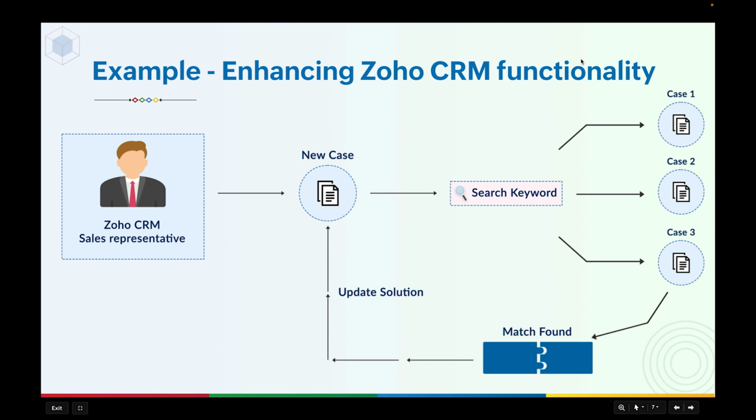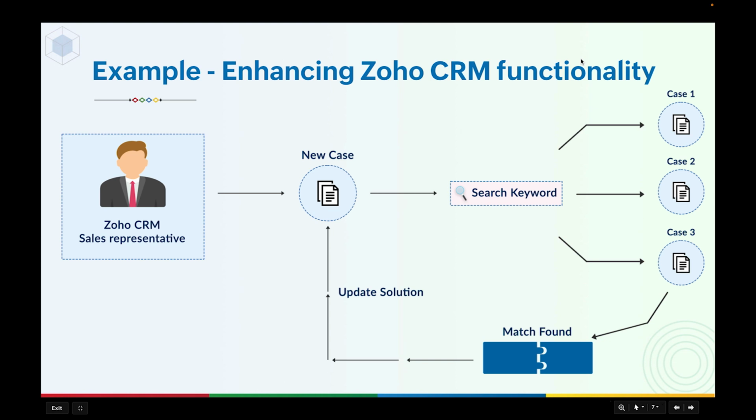Consider a simple scenario in which a Zoho CRM sales representative is handling a customer case. The sales representative wants to see if a similar problem has already been addressed in another case and if any of the solutions can be applied to the current case. So how simple would it be if the sales representative could enter a search keyword and all the relevant cases with their solutions are populated?